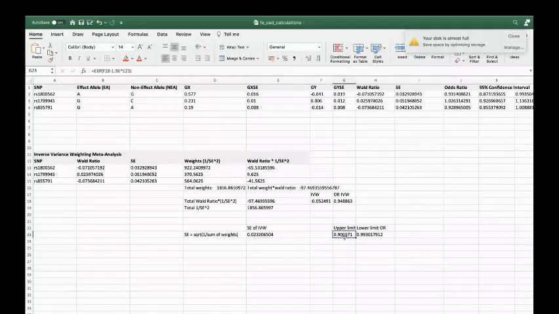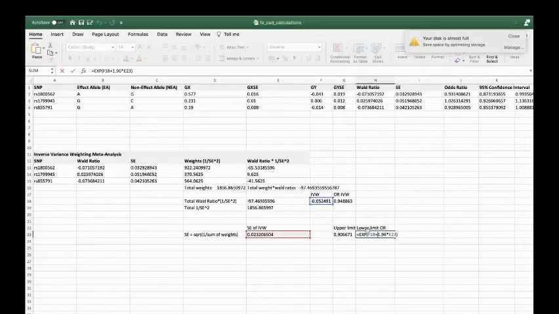And then for the lower limit, it's the inverse variance weighted estimate minus 1.96 times this value, then at the end exponentiated to form that odds ratio. And for the upper limit, that is the inverse variance weighted estimate plus 1.96 times the standard error, and then at the end exponentiated, and that gives us that value.